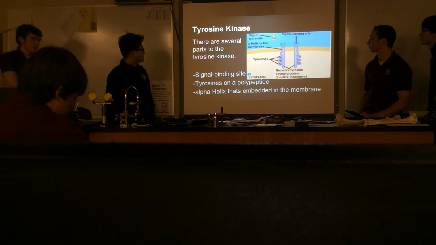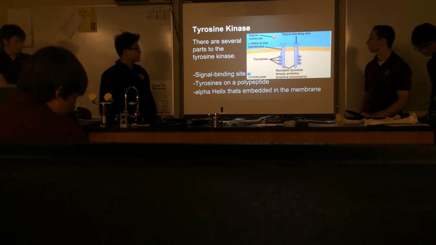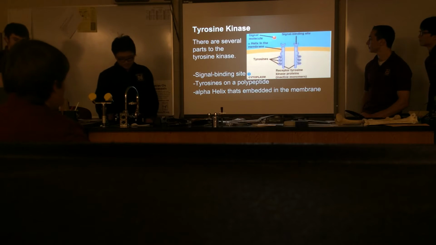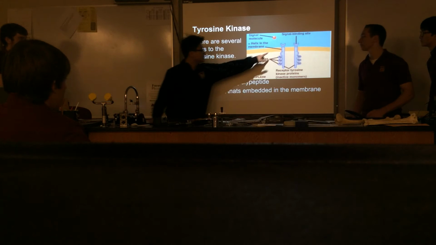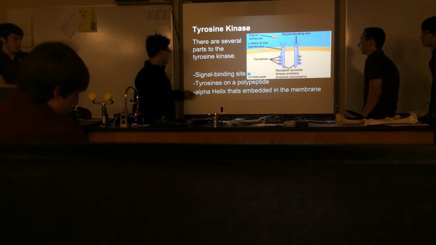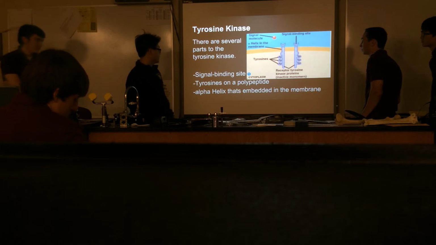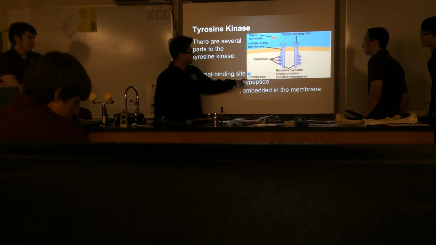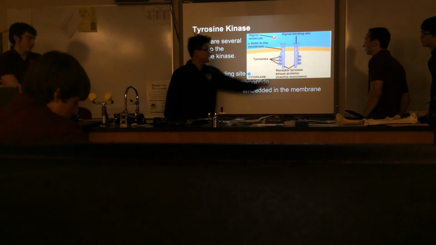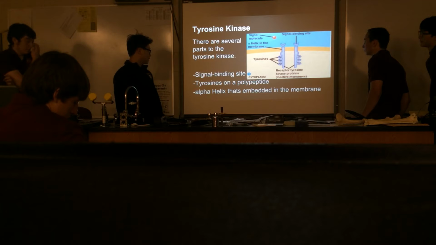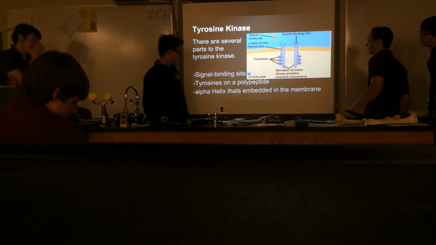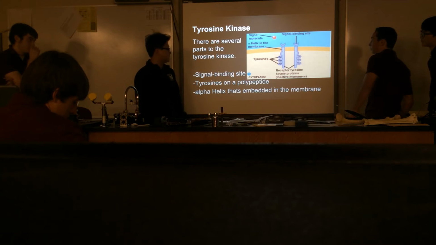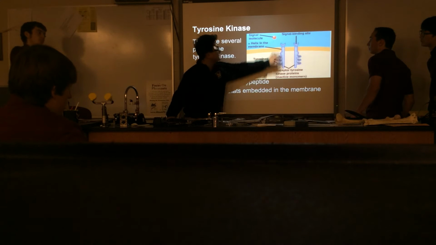There are several parts to the tyrosine kinase: the signal binding site, which is these little things, and tyrosine on the polypeptide. These are the tyrosines, which are amino acids, and the alpha helix that's embedded in the membrane. This part.